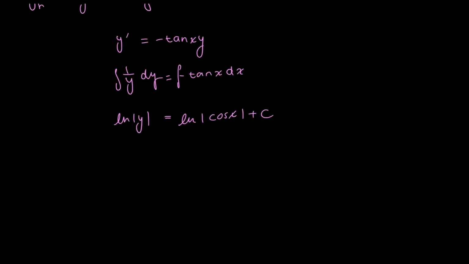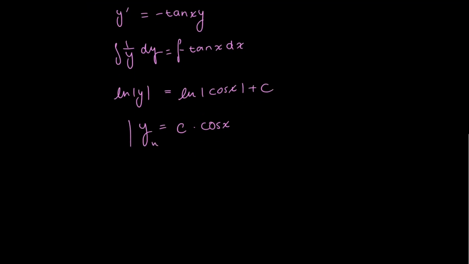And now to isolate y, I'm going to do e to the power of both sides, so that I'm left with y on my left-hand side. On my right-hand side, that c gets absorbed, times cosine x, because of exponent and log rules. Anyways, this is my homogeneous solution.